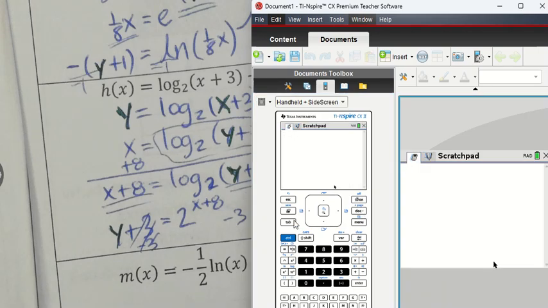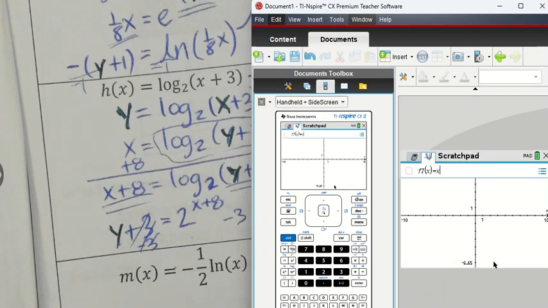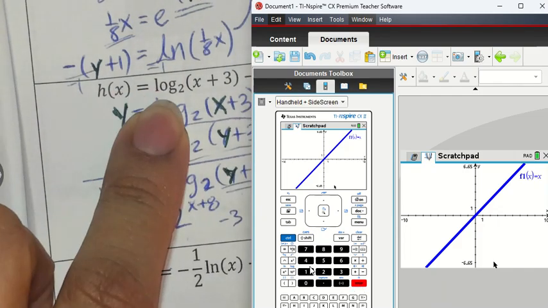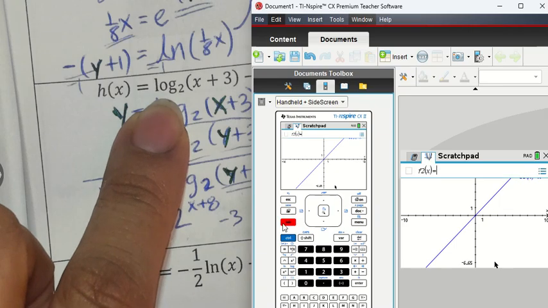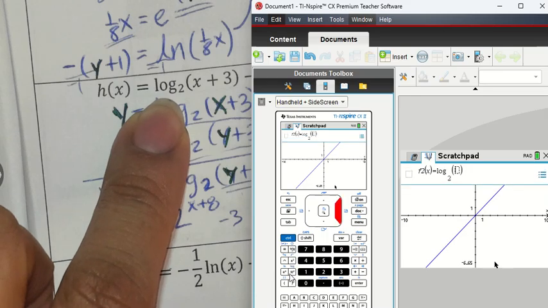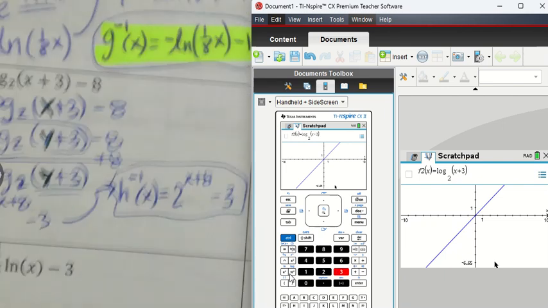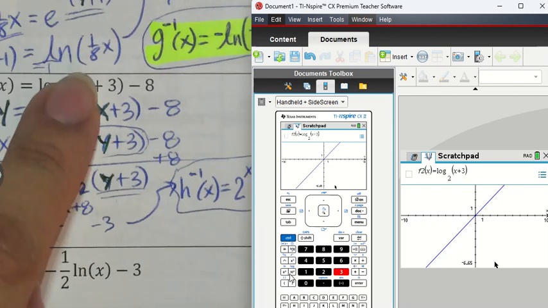So clear it, type the original, which is log base 2 of x plus 3 and minus 8.